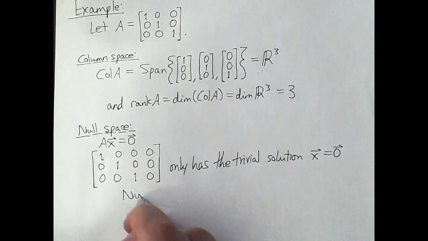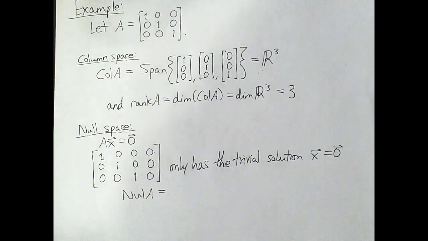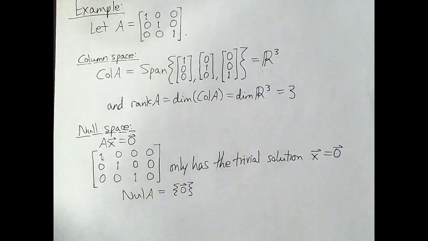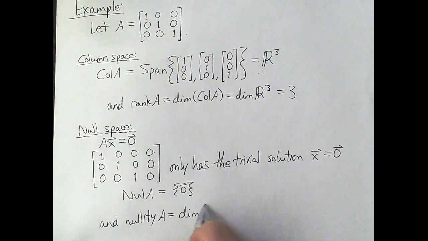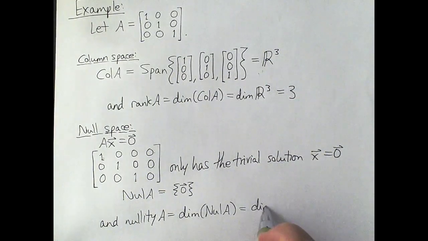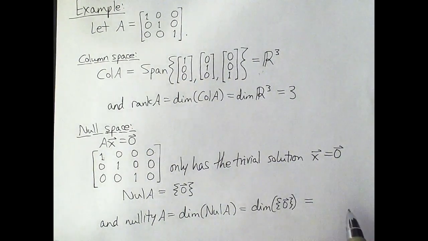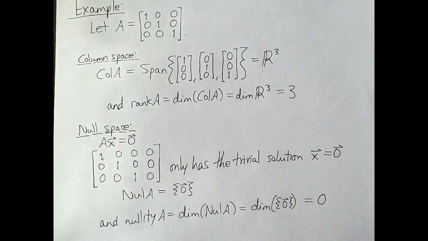So the null space of A, which is supposed to be the set of all solutions, is this set. And the nullity of A, which is the dimension of null A, is the dimension of the set containing only the 0 vector, which earlier we said is defined as 0.